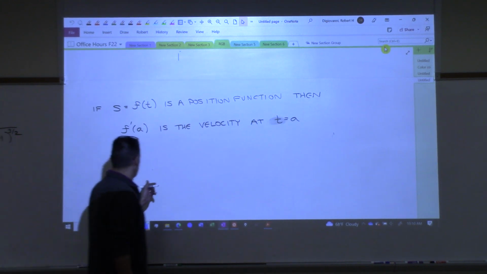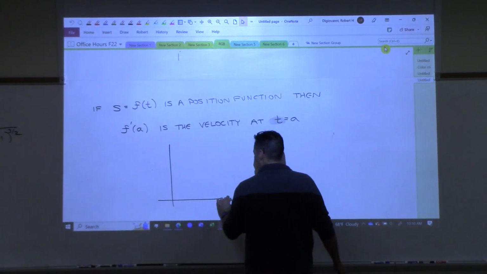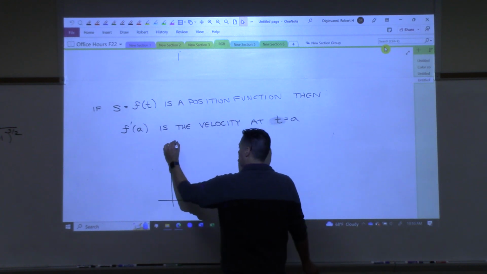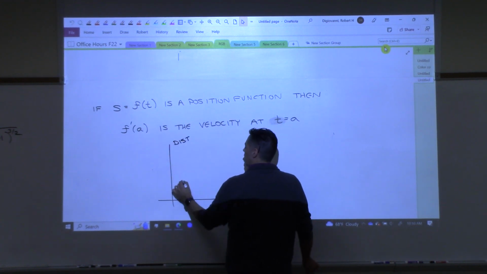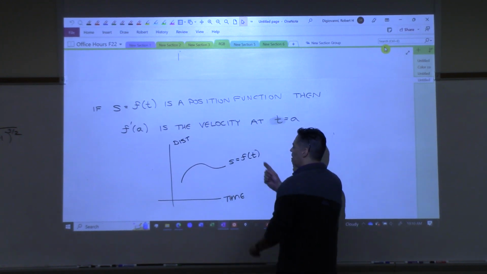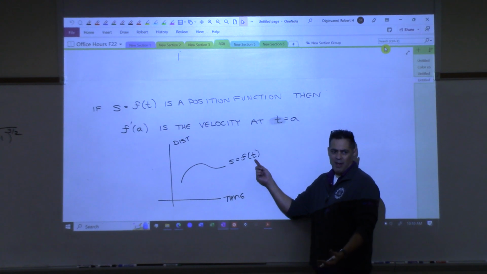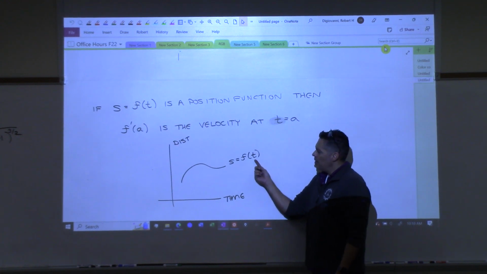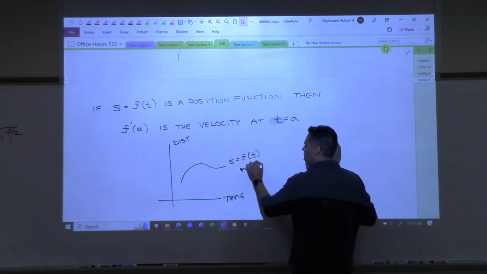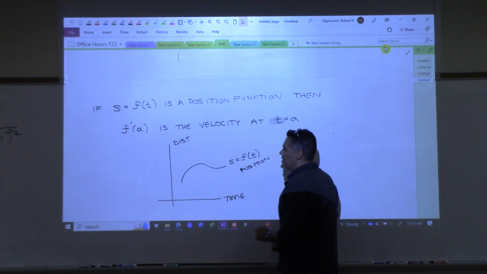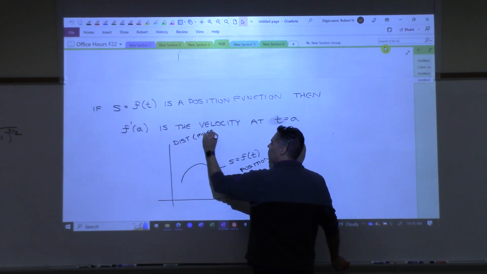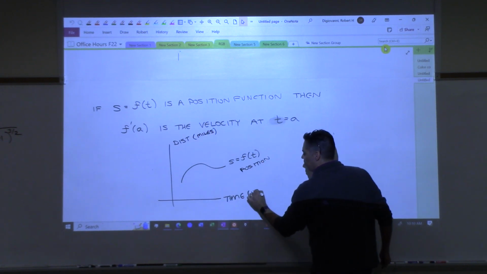Let me give you a visual. If this is time, and this is distance, then this function S equals f of t. We're using t instead of x because t stands for time here. So if we're given a position function, let's say for a specific example that distance is measured in miles and time is measured in hours.